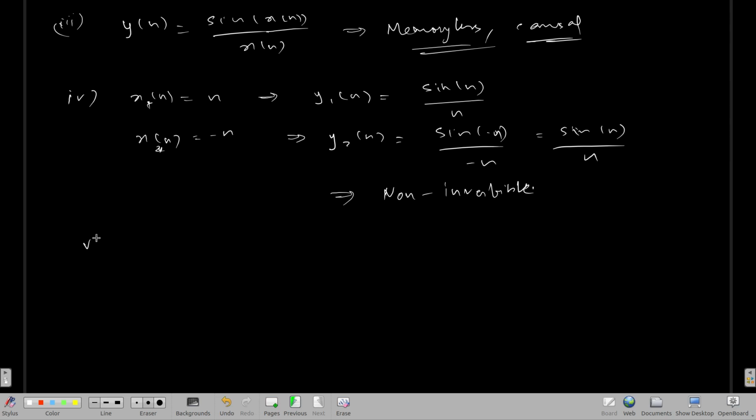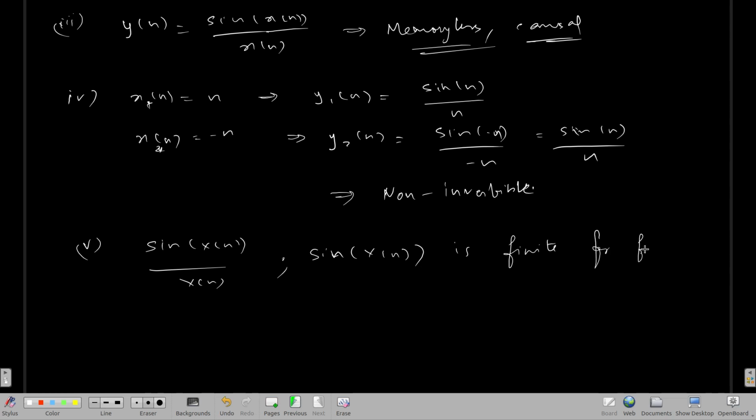And the last one, stability. The function is sine of x of n by x of n, right? So here sine of x of n is finite for finite x of n, which implies y of n is equal to finite by finite.